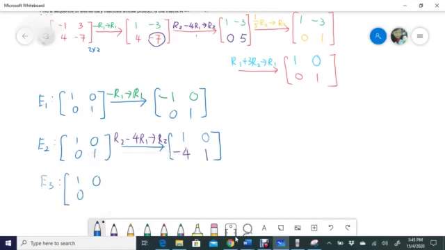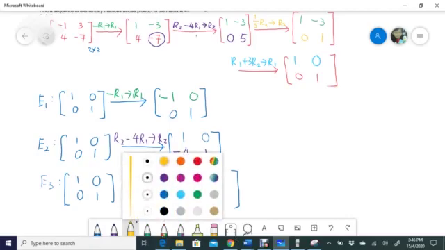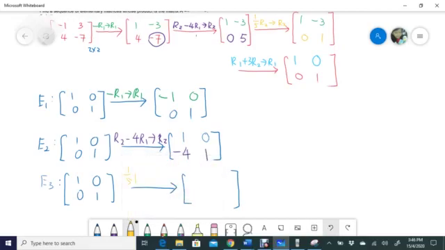1, 0, 0, 1. You have 1 over 5 R2 happen to R2, right?